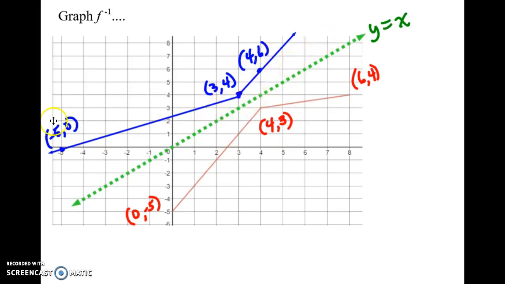And I join that up. And again, I have a picture that's similar to the original red graph, but obviously it's in a different place. And also, if we fold it along that diagonal green y equals x line, those pictures would align. The picture's a little out of skew because it's not a perfectly square window, but we can see that it is going to pretty much align. Okay?